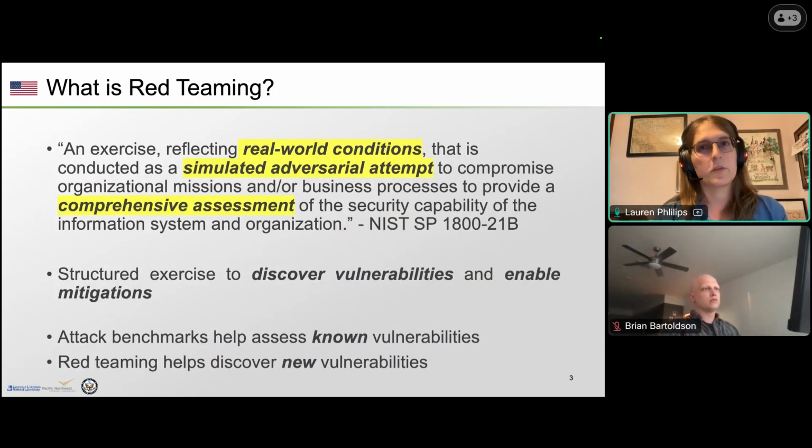So the difference between a red team and an actual malicious activity is very much intent. And while attack benchmarks that assess the safety of a system can help us assess known vulnerabilities of our system, red teaming helps us discover new vulnerabilities. So the goal of red teaming is to simulate this adversarial attack and identify vulnerabilities that we were not previously aware of.